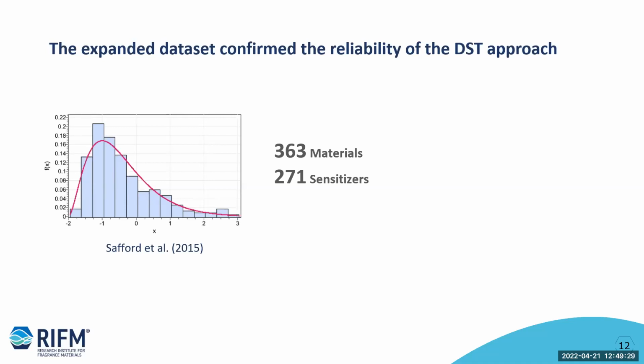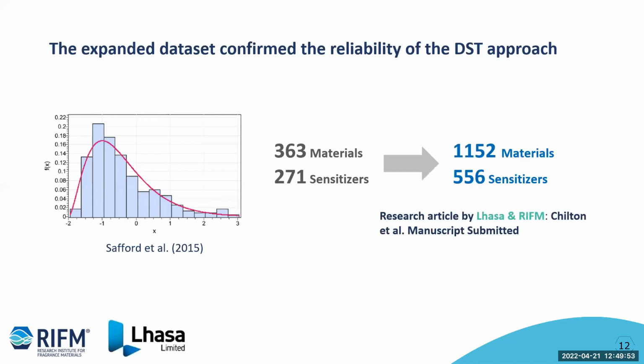And 271 of these were sensitizers based on the animal data. And the potency values from these LLNAs were plotted, and the 95th percentile of that fitted curve was taken as a DST. So the DST values, in essence, are dependent on the data set. And because we utilize DST extensively at RIFM, we worked with LHASA Limited to strengthen this data set that's used for deriving the DST values.